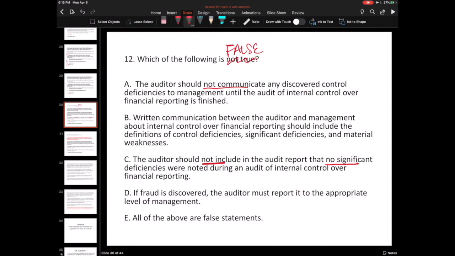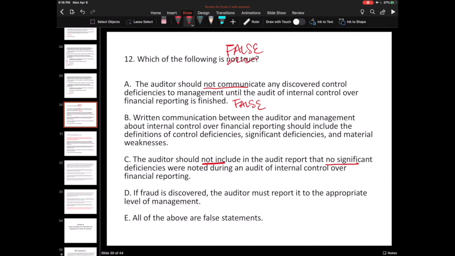Okay. The auditor should not communicate any discovered control deficiencies to management until the audit of internal control is finished. All right, that is not true. Okay, so this is a false, right? Because they should be communicating with management continuously about control deficiencies they are discovering along the way.